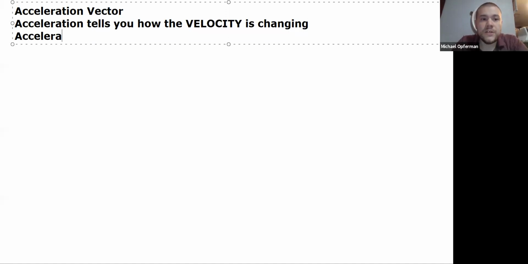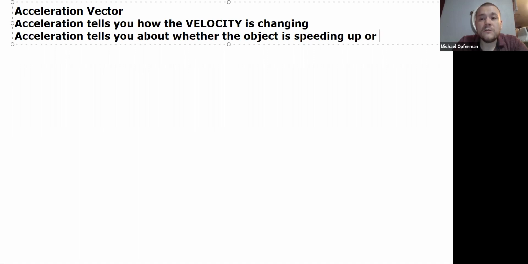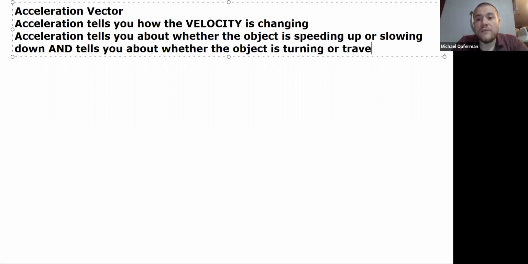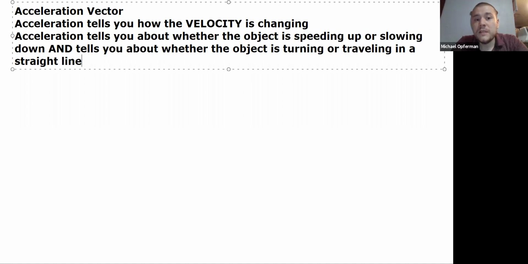It tells you whether the object is speeding up or slowing down, and whether the object is turning or traveling in a straight line.